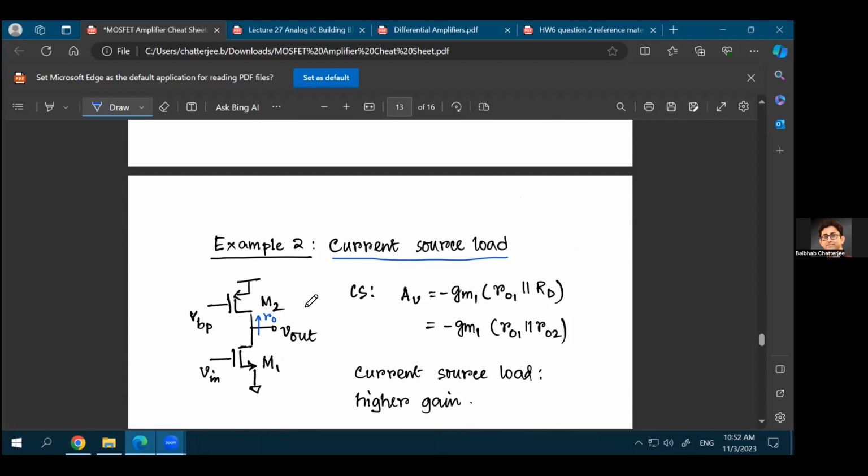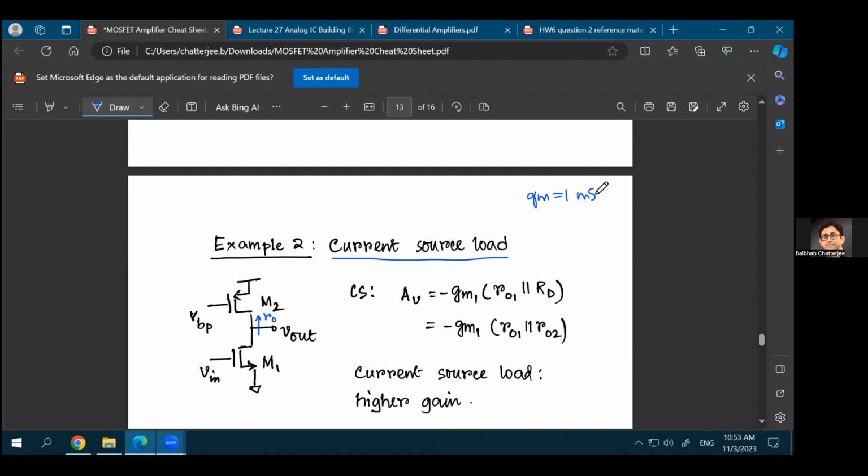This is something you may have found when you solved your homework number 4 or homework number 5, that the GM of the transistor could be, let's say, a few millisiemens. Even if it is 10 millisiemens, or even if it is 1 millisiemens. So let's say GM is equal to 1 millisiemens. I'm just taking some numbers, this may not be true for all applications.